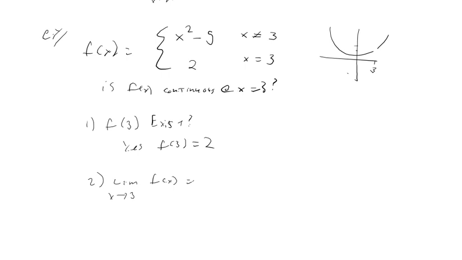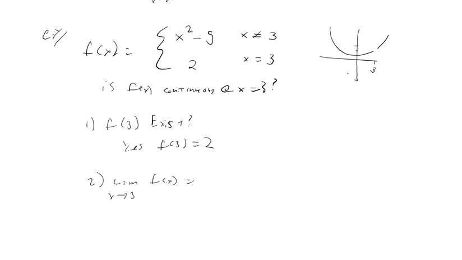Do I need to worry about a split function here? Are we one equation on the left side and a different equation on the right side? It doesn't look like we're split. It looks like we're one equation, just this x squared minus 5.